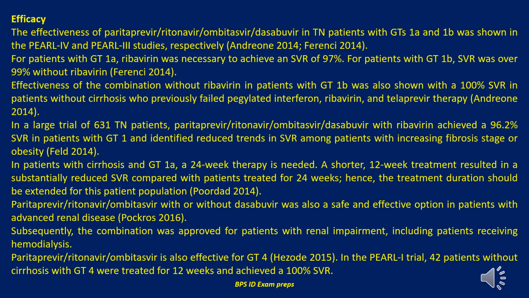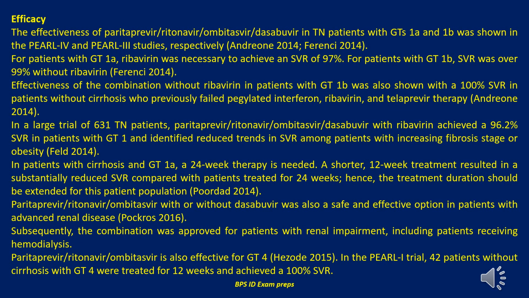In patients with cirrhosis and genotype 1A, a 24-week therapy is needed. A shorter, 12-week treatment resulted in a substantially reduced SVR compared with patients treated for 24 weeks, hence, the treatment duration should be extended for this patient population, according to Poordad 2014.